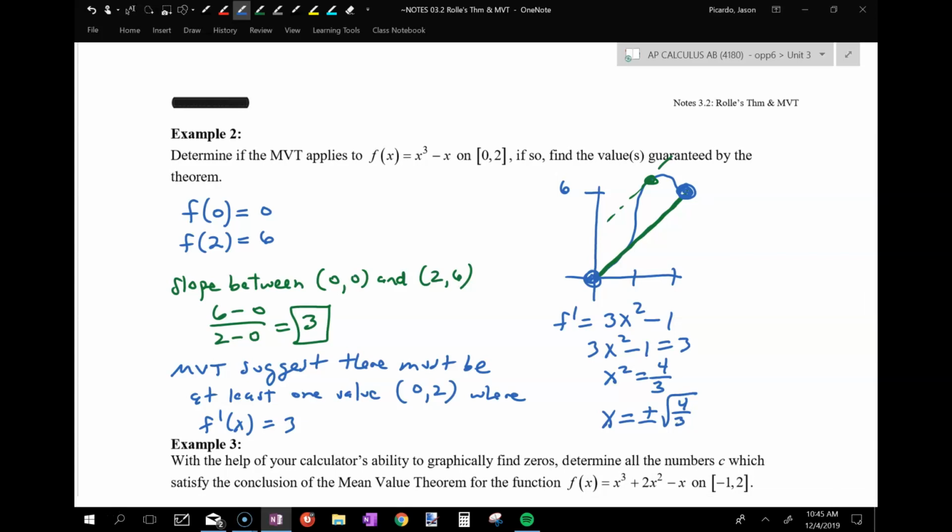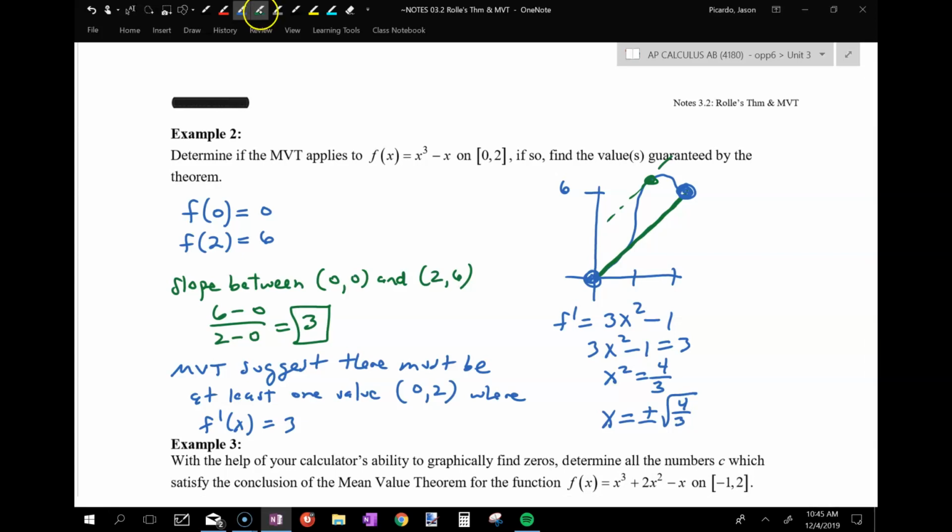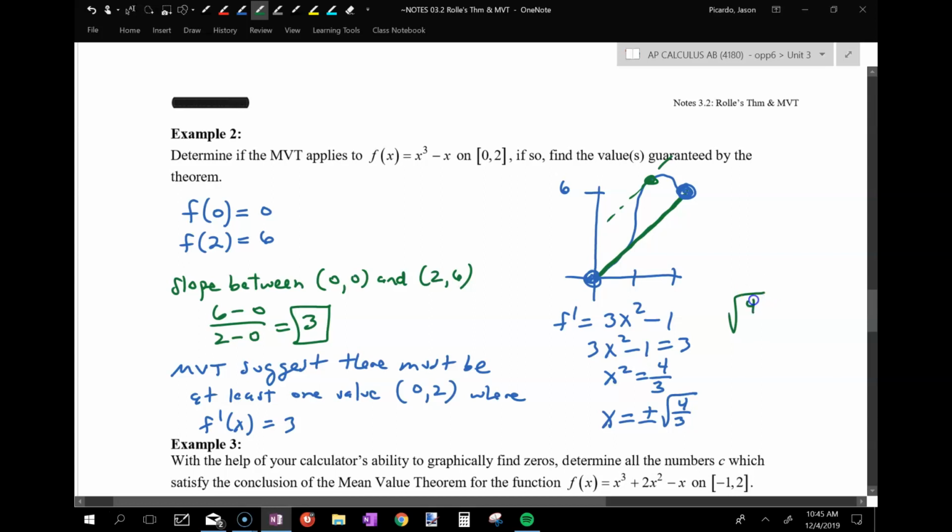But the negative value of that does not fall within the given interval. So I have to reject the negative solution, and the only solution is the radical 4/3, because it falls outside the interval, right? Cool?